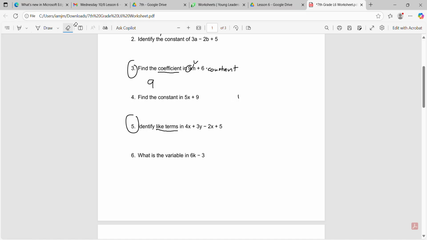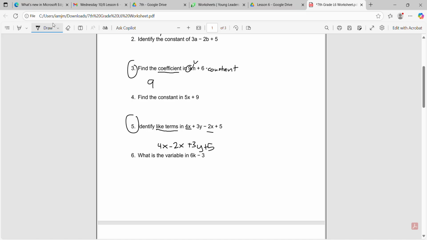So we just need to find coefficients with the same variables. Here would be 4x, minus 2x, and 3y. We can only add the terms with the variable x. Let's rearrange it so it's easier to visualize: 4x minus 2x plus 3y plus 5.